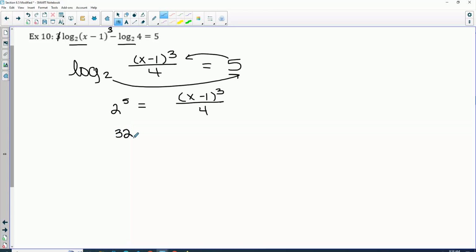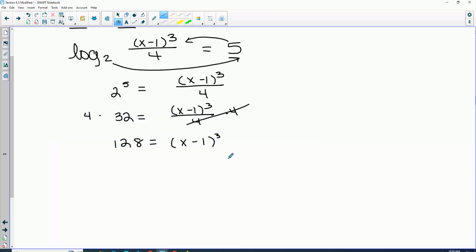Two to the 5th is 32. Now what would you do? Well, multiply. Yeah, we have to get rid of the divided by 4. So if we multiply it over, okay, how do we get rid of a cube?